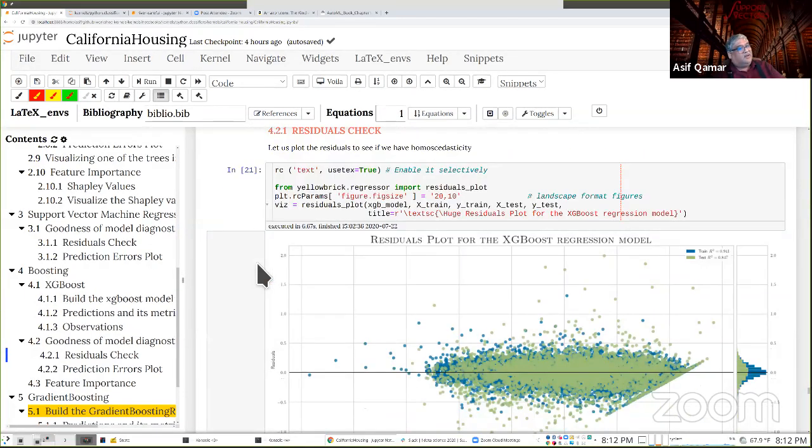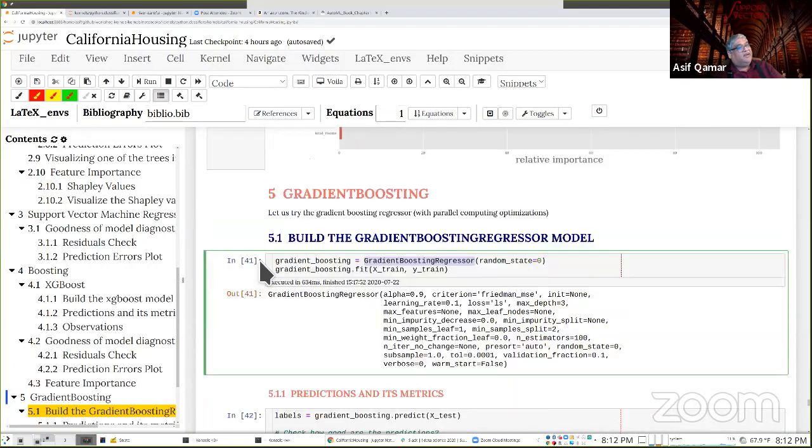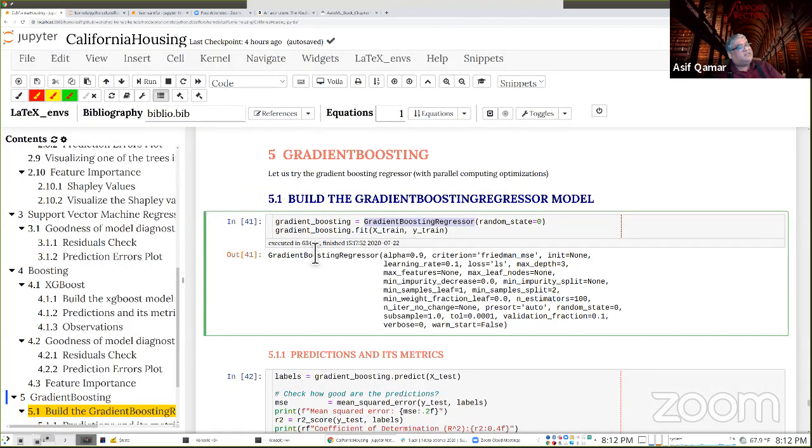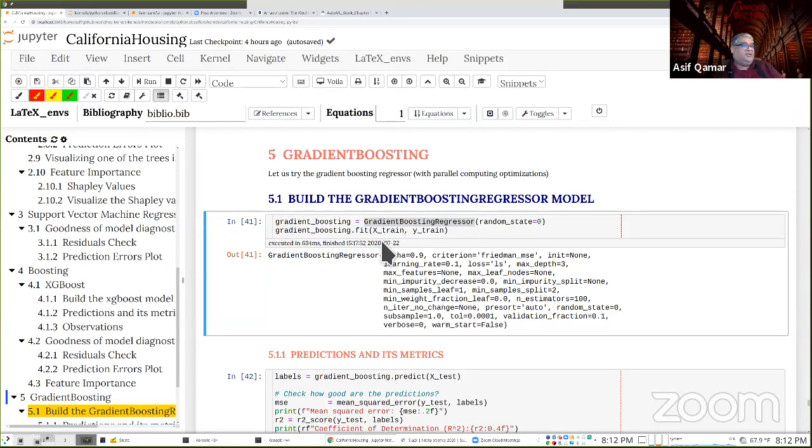Whereas if you do it with gradient boosting, it takes 50% more time, not by far, but a little bit more time. This is not really a definitive proof that XGBoost is faster than gradient boosting, but it's sort of there. When you deal with a more complex problem, I suppose it's a bit more pronounced.